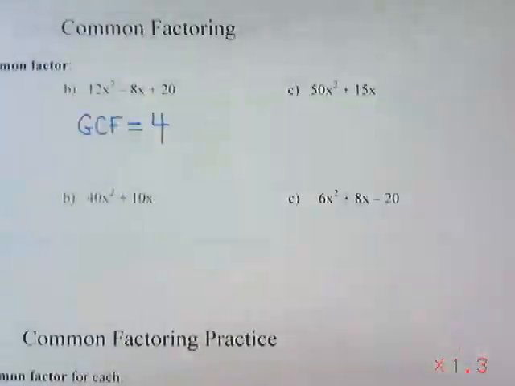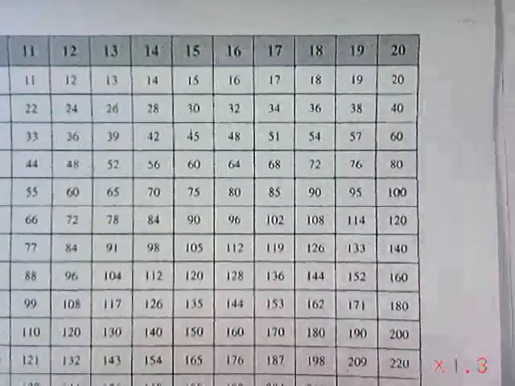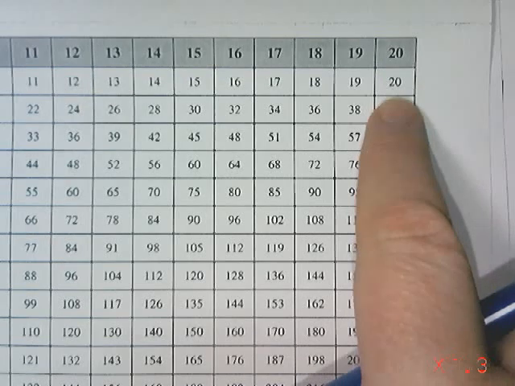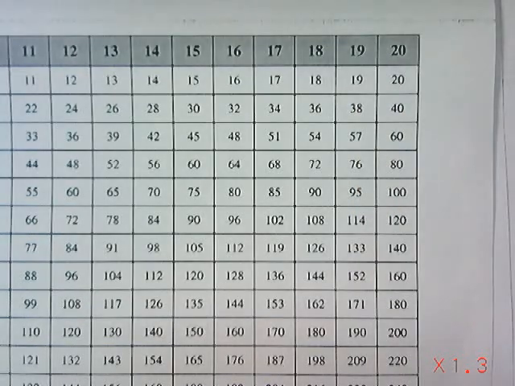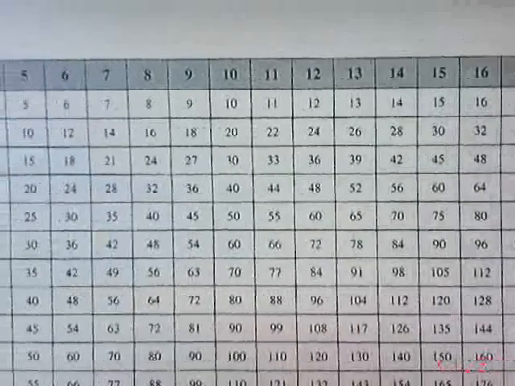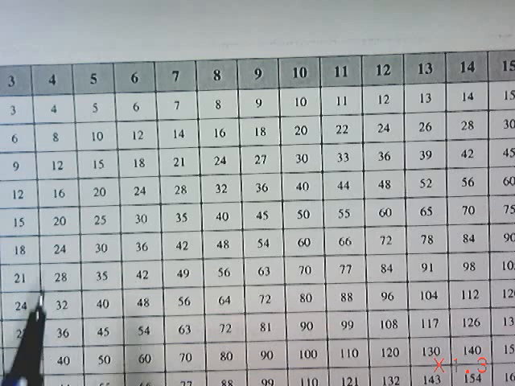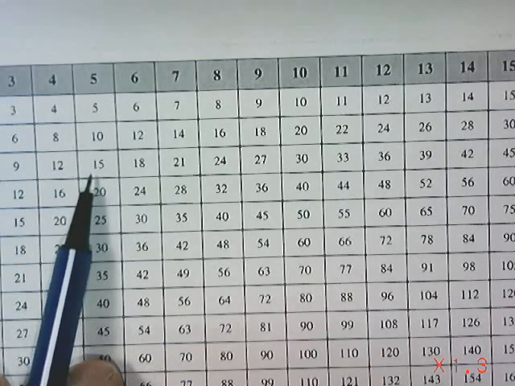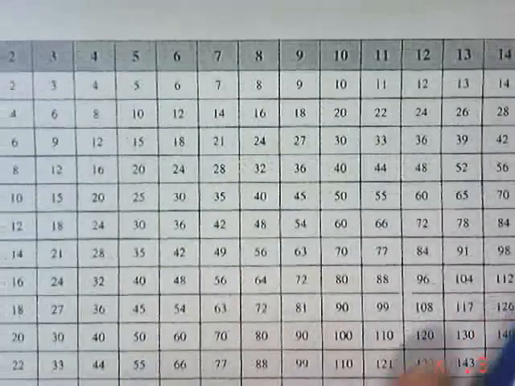We're looking for a 50 and a 15. Now 50 is pretty big, so I know that 50 actually divides by 1, but my grid doesn't go far enough. So I'm really just going to look to see if I can find one that has 50 and 15. I see 15 under the 3, but I don't have a 50. I have a 51. It's not quite there.